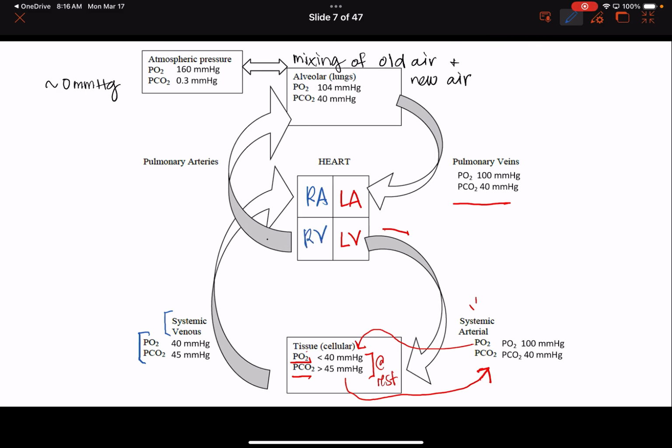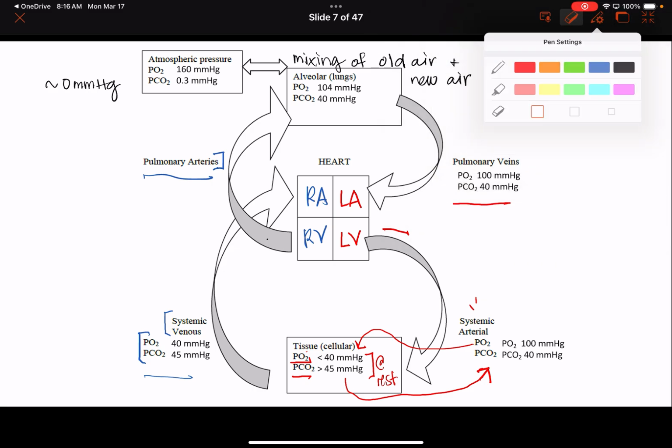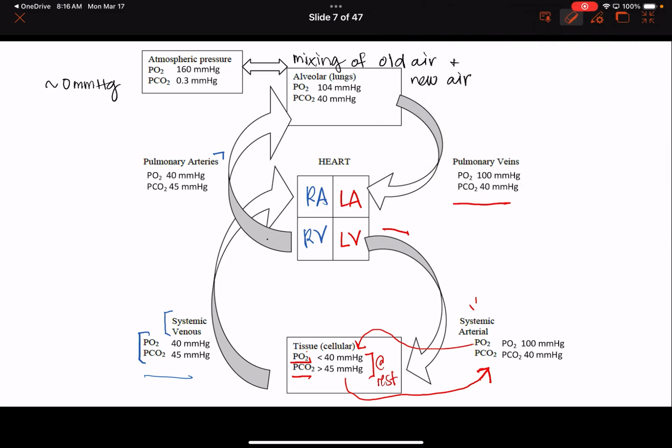Then we're going to go up and out the pulmonary semilunar valve and out the pulmonary arteries over here. Now, from the systemic veins to the pulmonary arteries, have we exchanged gases again? No. So those partial pressures should stay the same. And they do. PO2 is still 40 and PCO2 is still 45.